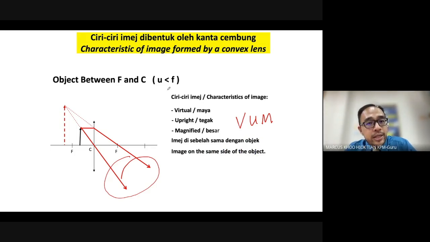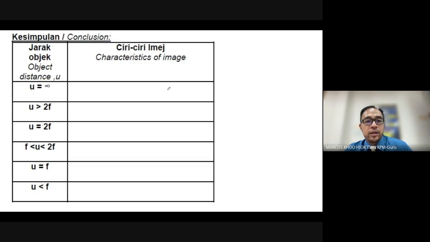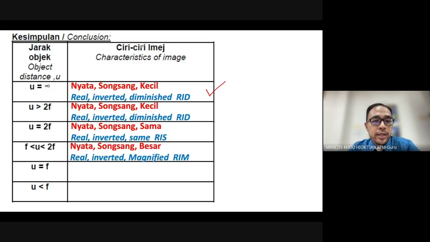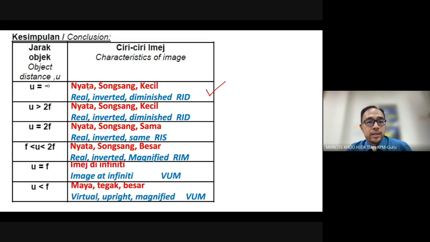Okay, so let's summarize all this. The only drawing actually that we haven't covered is this one, because I don't think we have the space for that. Right? Yeah. Okay, so don't worry about it. I'm just going to show you all this. Most important thing is this. RID, RIS, RIM, VOOM. And this is how you will remember this one.